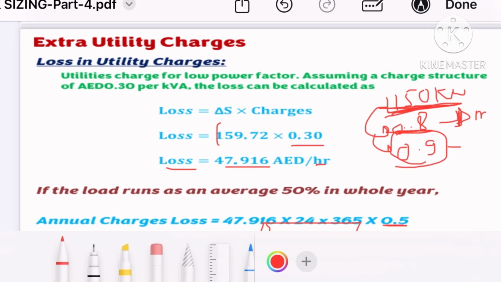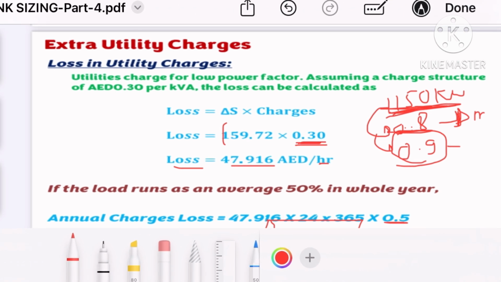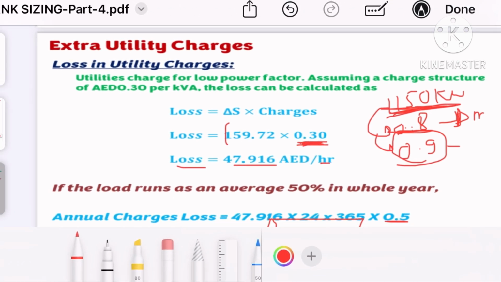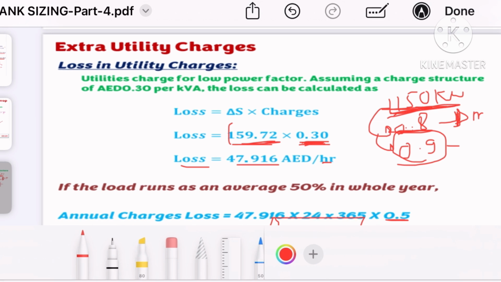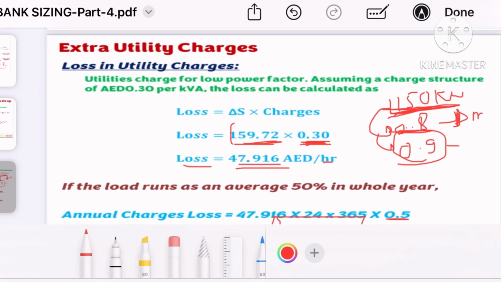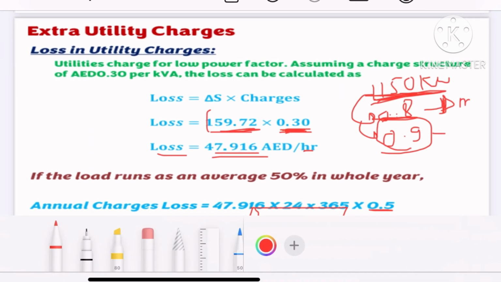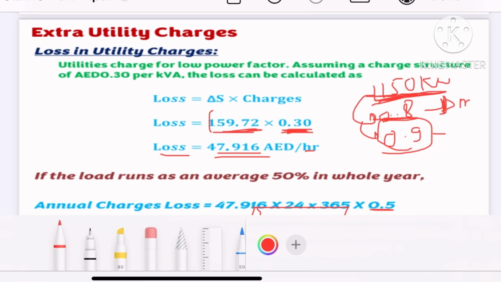Okay, so what we observe, suppose in UAE the charge is 0.3 per unit, so for this much apparent power we have to pay 47.9 dirham every hour. And suppose this load is running throughout the year for half of the year, then how much money do we have to pay extra?